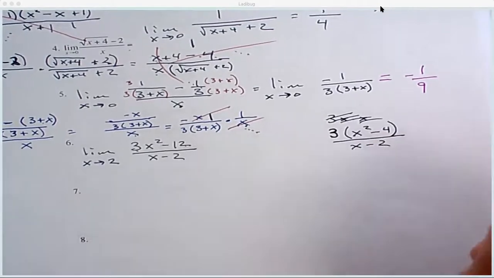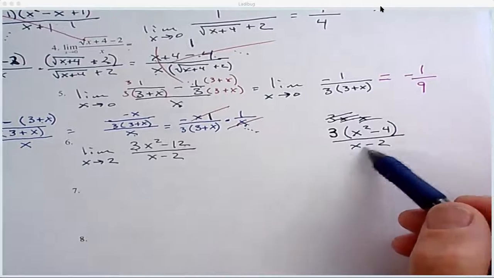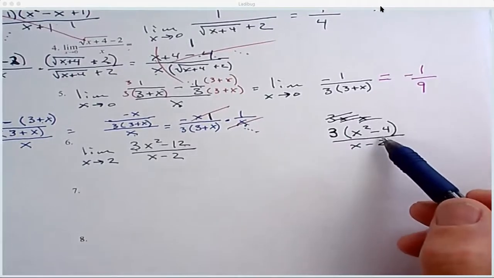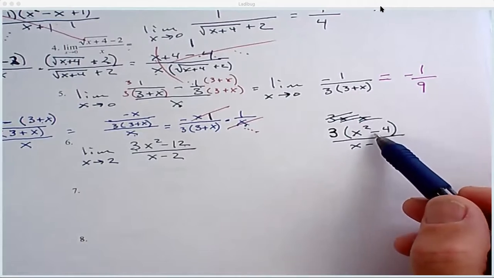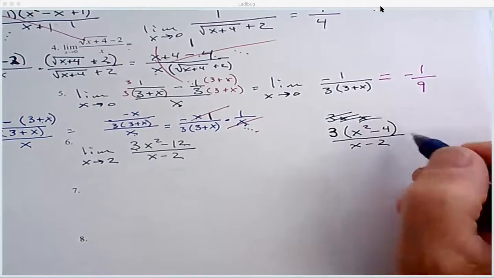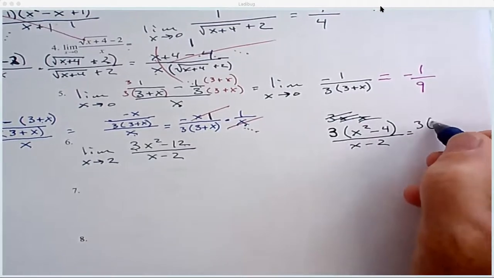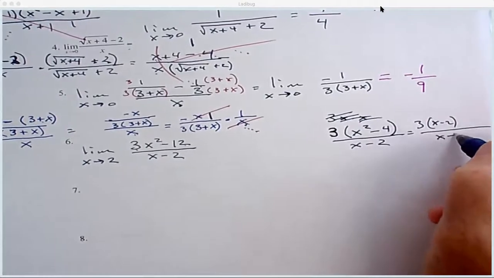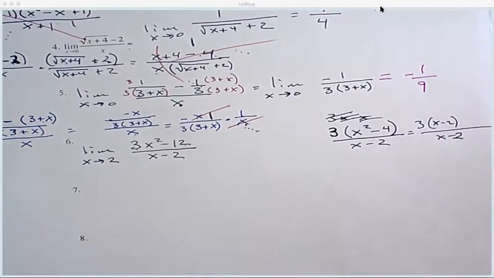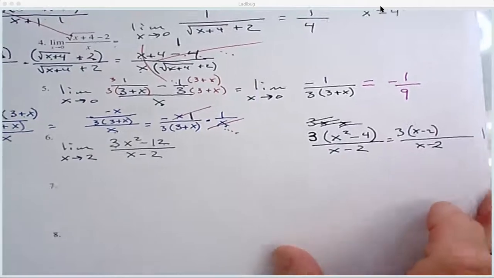Now the hint, Noah, I know I want a factor of x minus 2 in the numerator. Would you agree? Yeah. Okay, so I'm thinking that one of these factors is x minus 2. Yeah. Okay, so I got 3, I got x minus 2. Down here I have x minus 2. What do you suppose the other factor is? X plus 2. Yeah, x plus 2. Perfect.